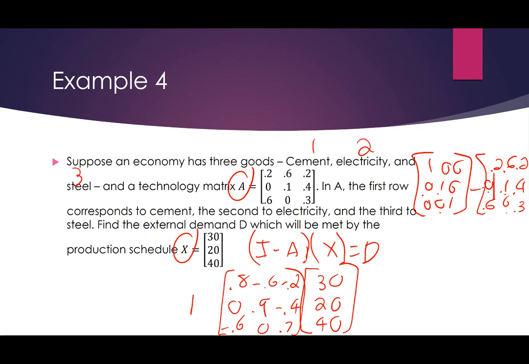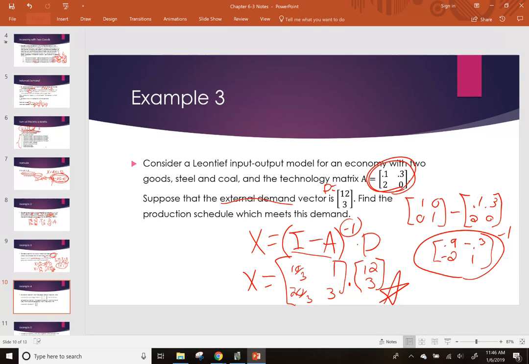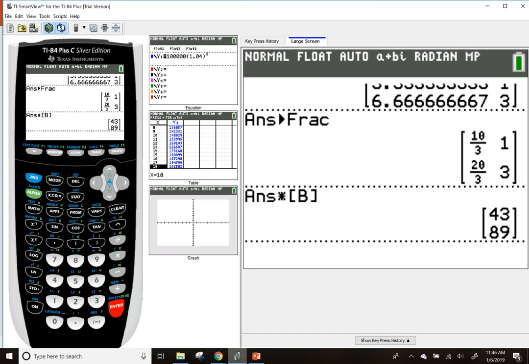So if I take this matrix times the production schedule matrix, I will get my demand matrix, my answer. So all I'm going to do is type this in my calculator now. Let's go to my calculator and type this all in.